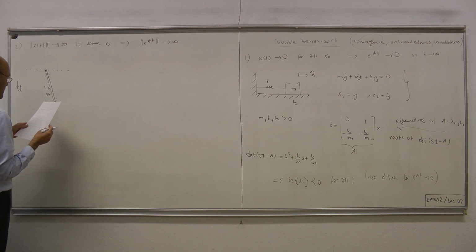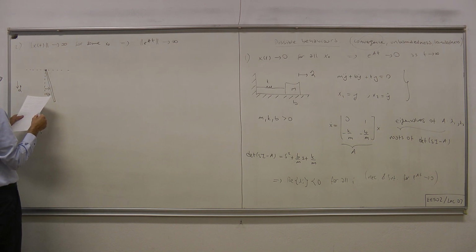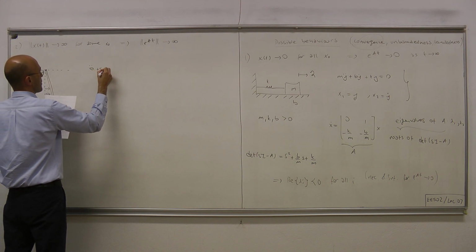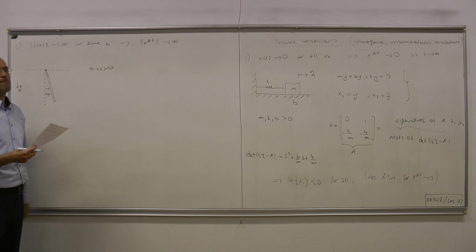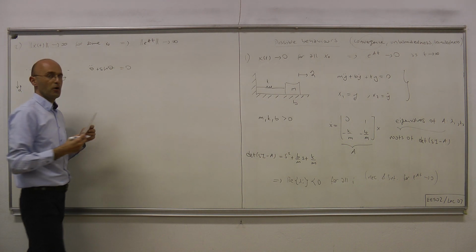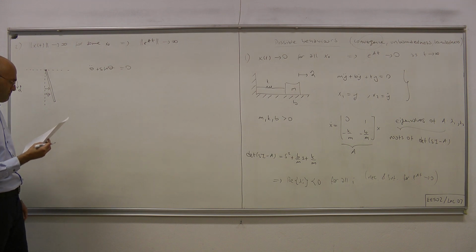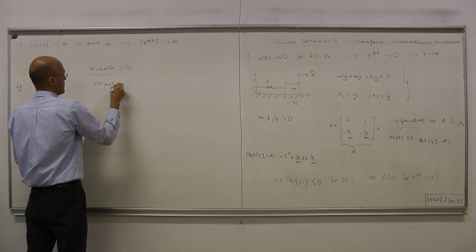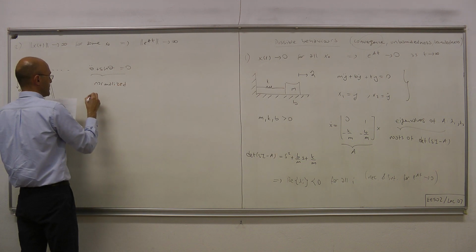This is theta, this is the equilibrium position. And the normalized equation for the pendulum is theta double dot plus sine theta equals 0. Okay, we consider a friction-free case. This is the normalized equation.